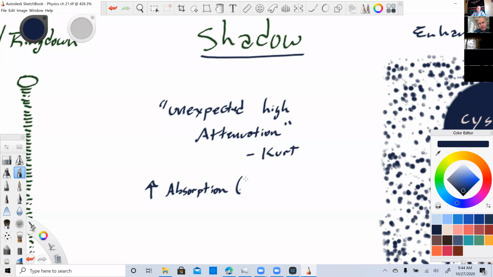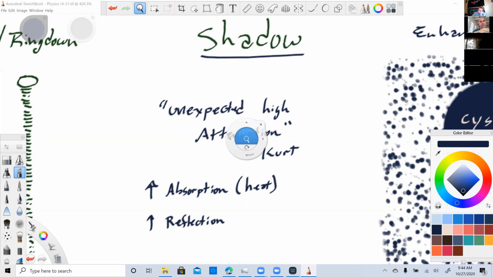Absorption is generally heat, although we're not really heating anything up because it's not enough power. I mean, yeah, we could heat things up, but it's very minimal. So unexpected absorption or reflection. Maybe a combination of both too, but it's usually one or the other. Unexpectedly high attenuation.